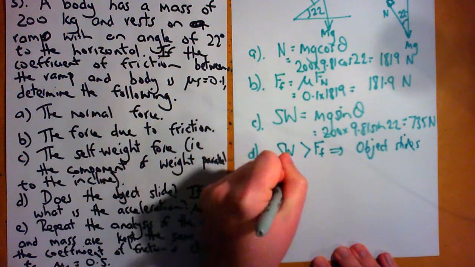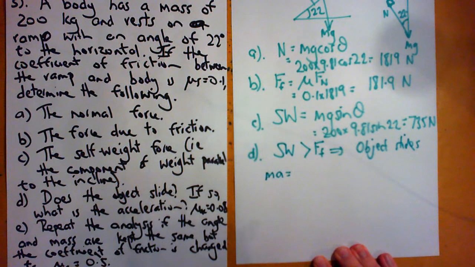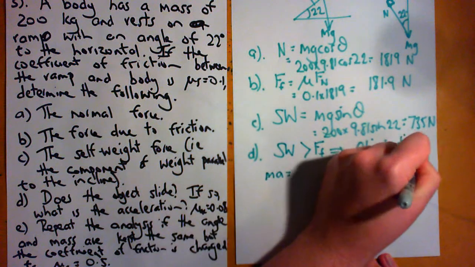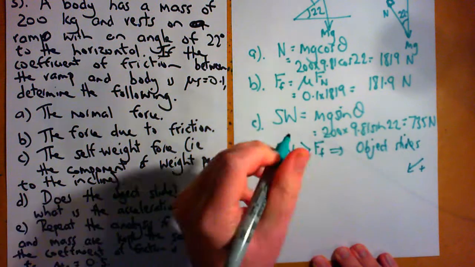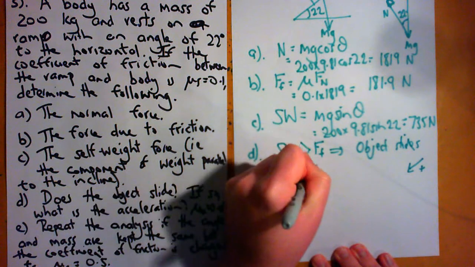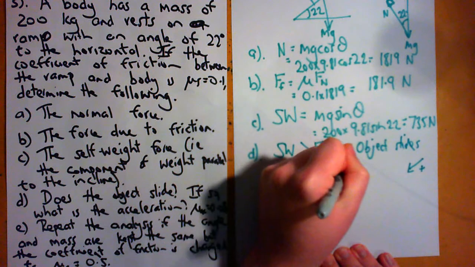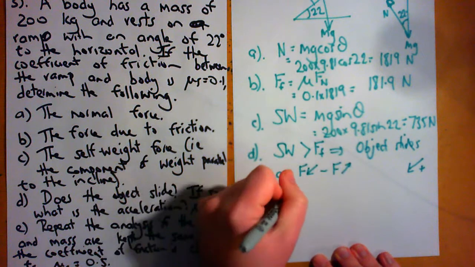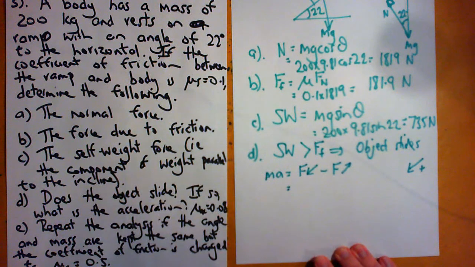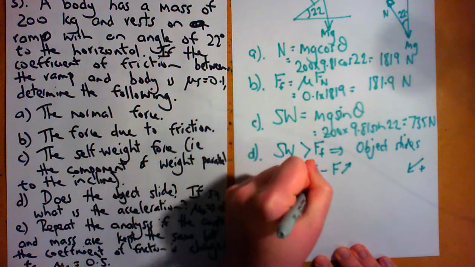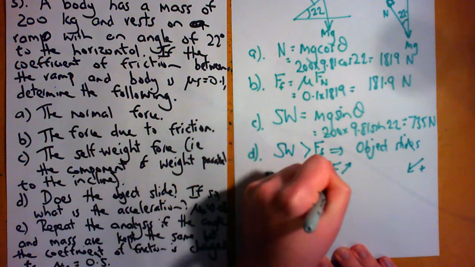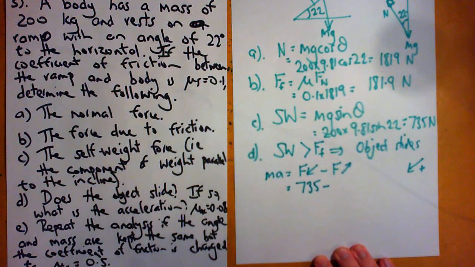Mass times acceleration equals forces. Let's take down the incline to be positive. So that's going to be forces down the incline minus forces going up the incline. Forces going down the incline, that's the self-weight, which is 735 newtons, minus forces going up the incline, which would be friction.